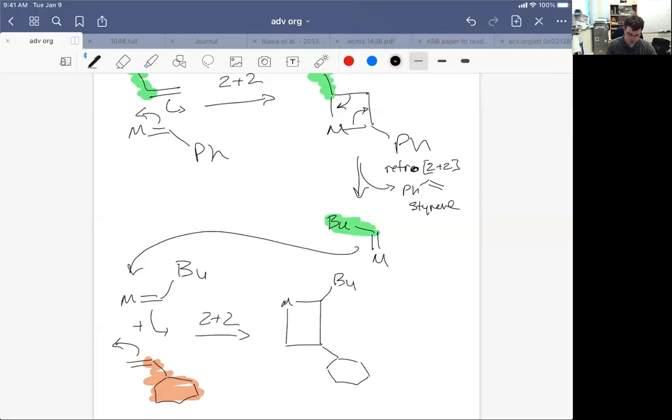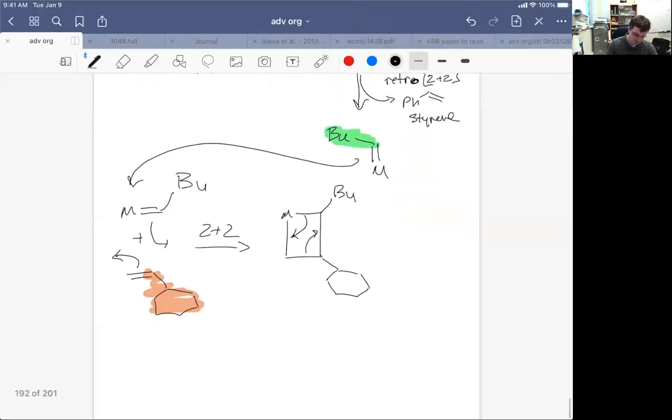Okay, so we have a 2+2 reaction, and then we're going to do a retro 2+2. And what's cool is we get our metal now bonded to ethene plus our metathesized product. Whoops, I dropped a bond off there.